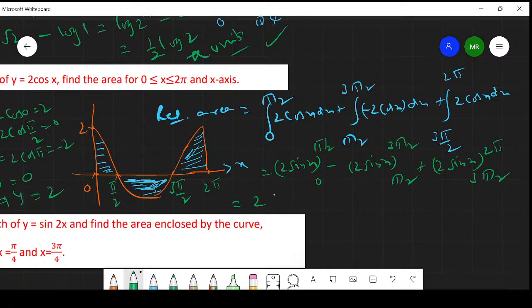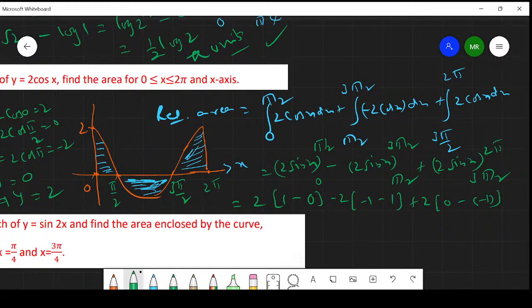When I am doing 2 into sin pi by 2, which is 1, sin 0, which is 0, minus 2 into sin 3 pi by 2, which is minus 1, sin pi by 2, 1, plus 2 into sin 2 pi, 0, sin 3 pi by 2, minus 1.